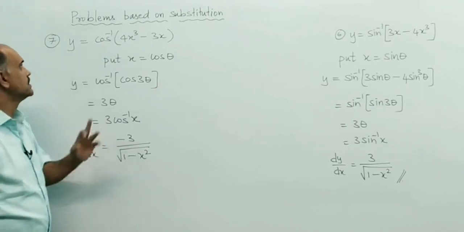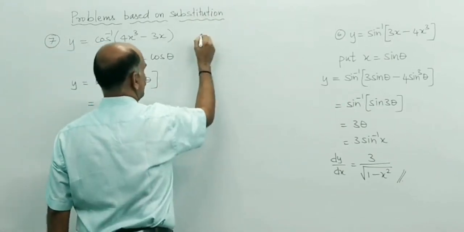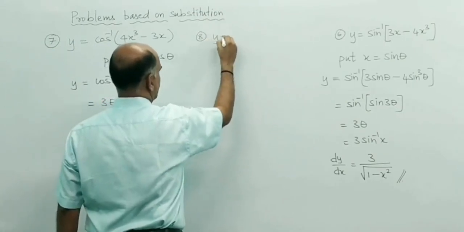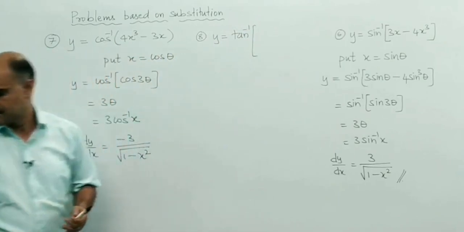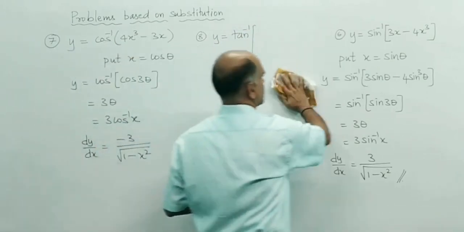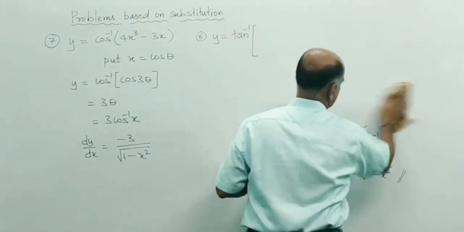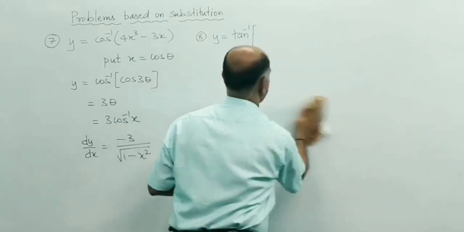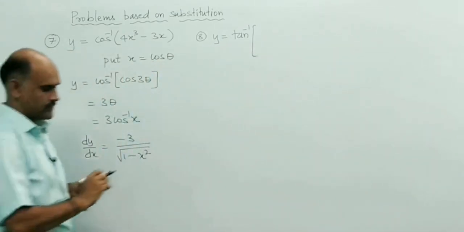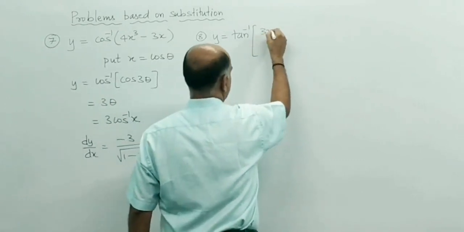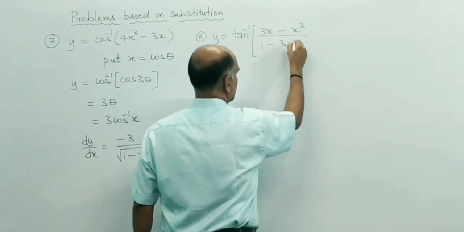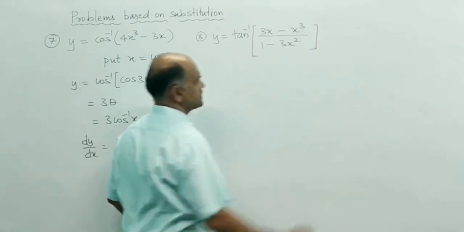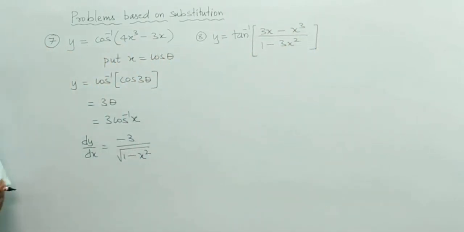Clear students? Next, y is equal to tan inverse of (3x minus x cube) divided by (1 minus 3x square).